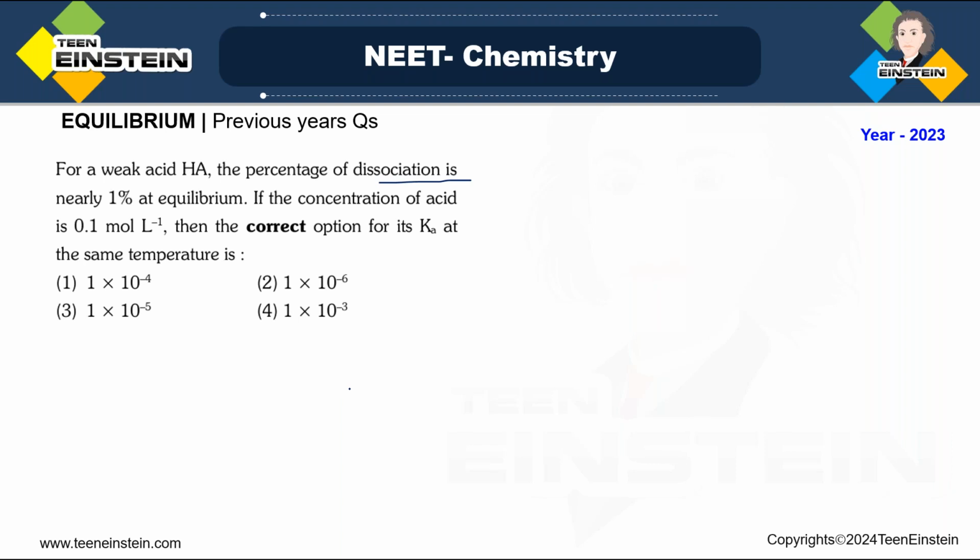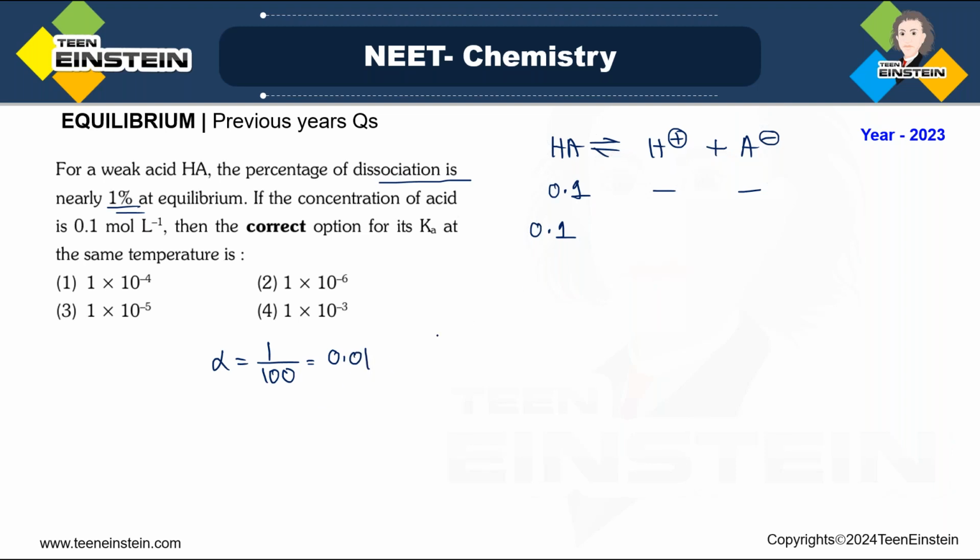So here we will first write the expression of dissociation for the acid HA. It will dissociate to H plus and A minus. Initially the concentration is 0.1, and these two are not present. Finally it is 0.1, and as 1% is the alpha, the degree of dissociation is 1 divided by 100, which is 0.01.